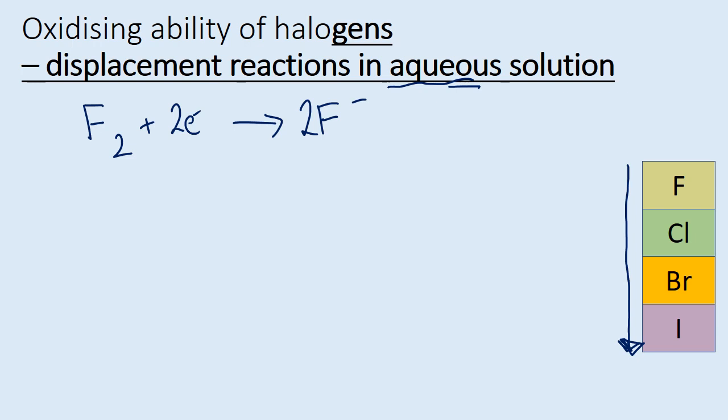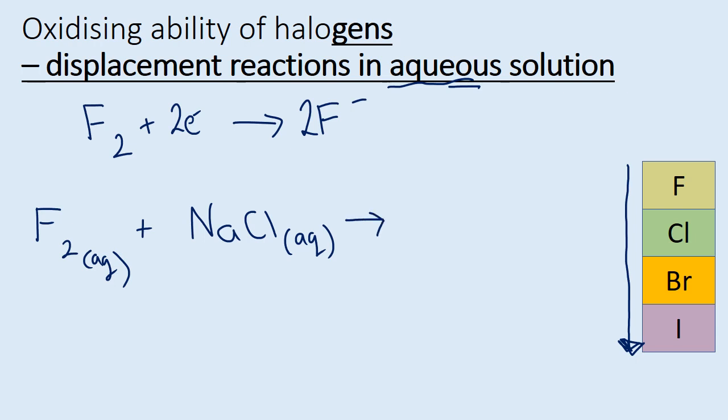And if the fluorine was going to be oxidizing a group 7 element, so it says aqueous solution, I'll give an example here. We've got fluorine reacting with sodium chloride solution. So we're in aqueous solutions here. The colour of our reactants here will be a very pale yellow because of the fluorine.